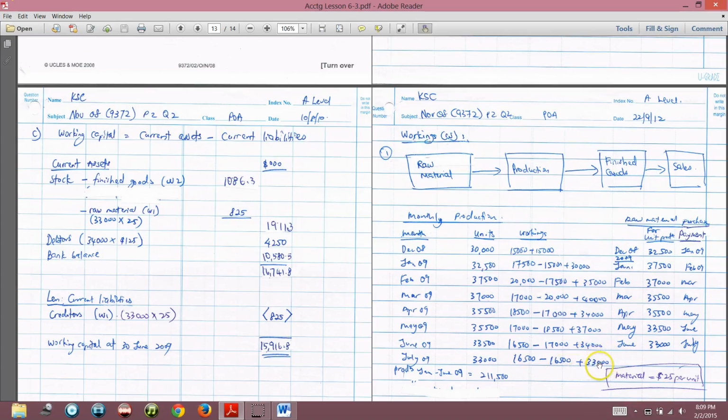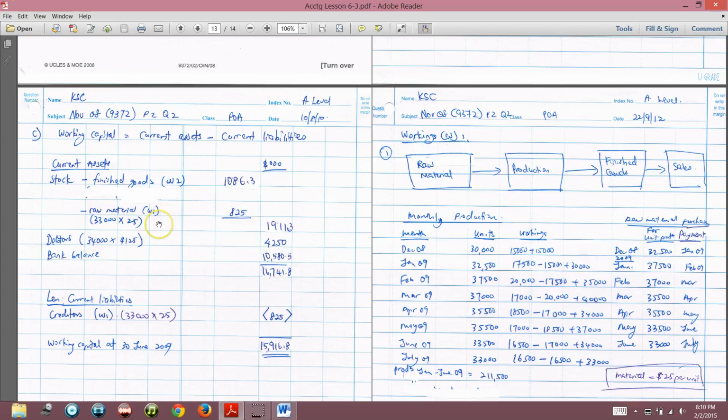So in other words, the budgeted production in July is 33,000. So that means the supposed payment for raw material in July is 33,000 times $25 per unit, which is 825.